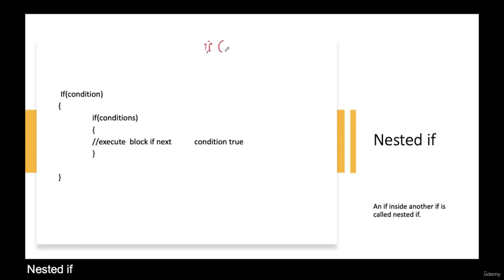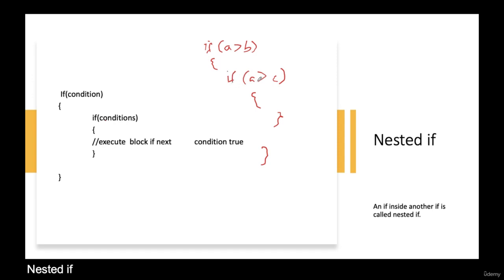If I am comparing two values, a greater than b, then only we need to execute this. Inside that I am again comparing if a greater than c, then only you have to execute this statement. Which means if a is greater than b, then only the control will get into this if block.